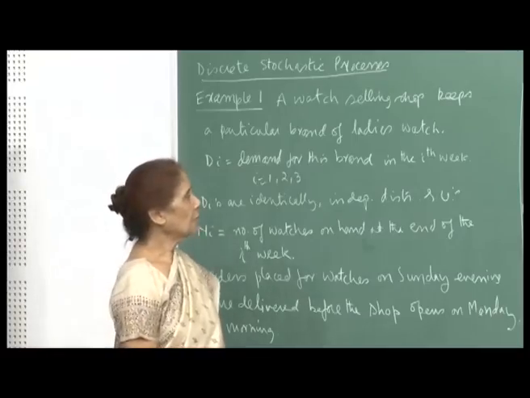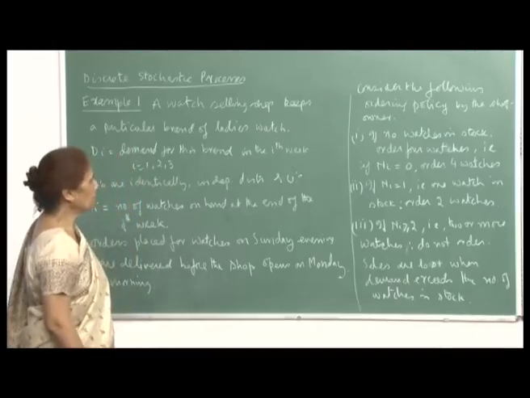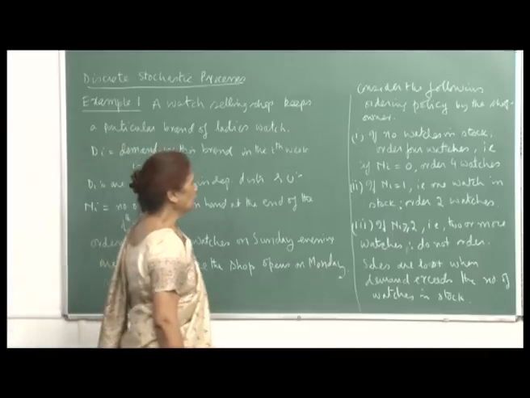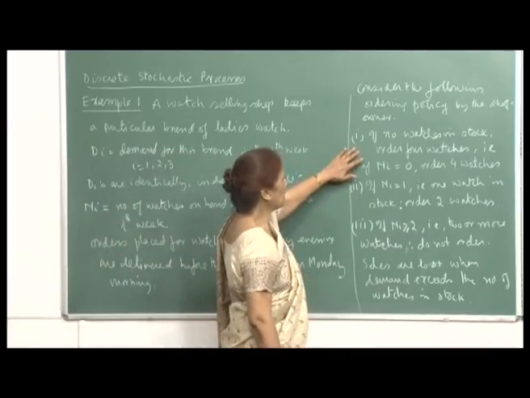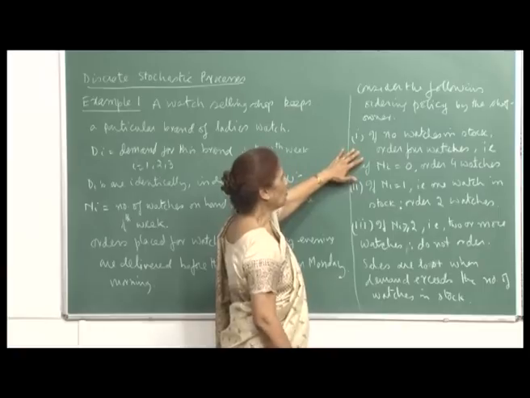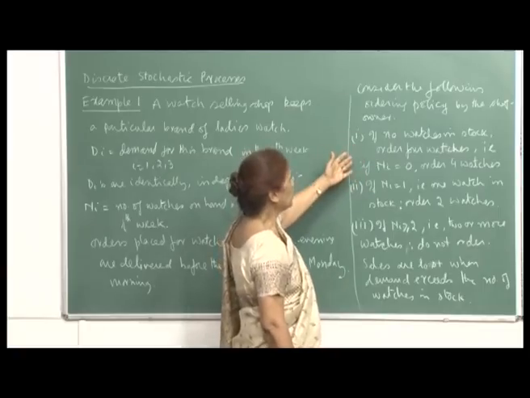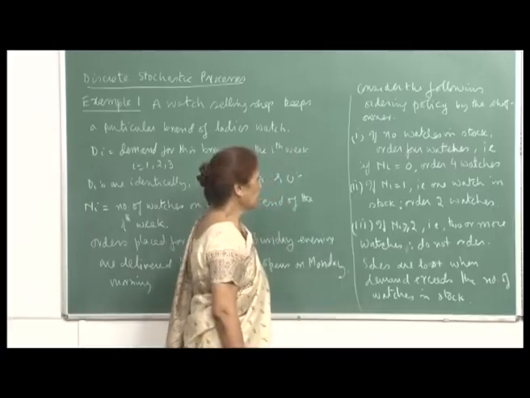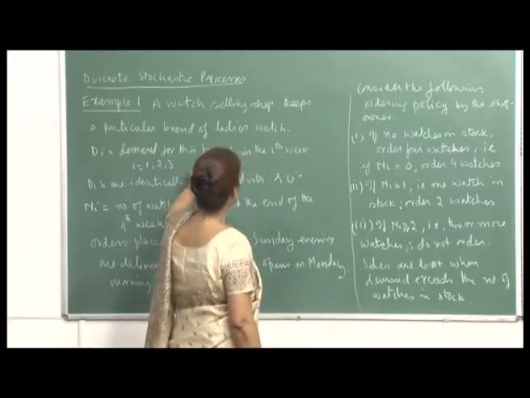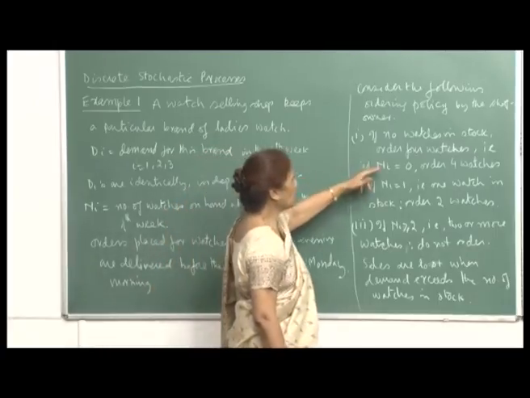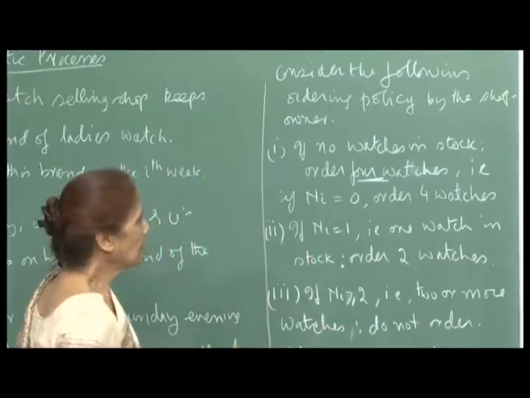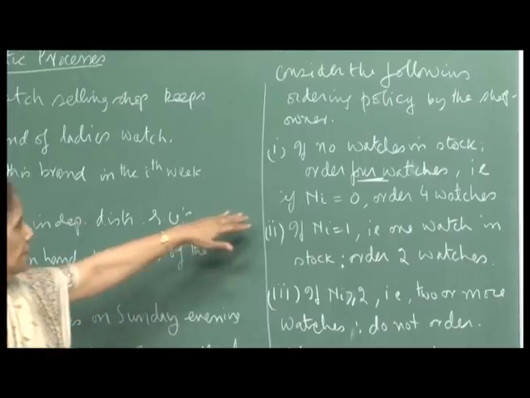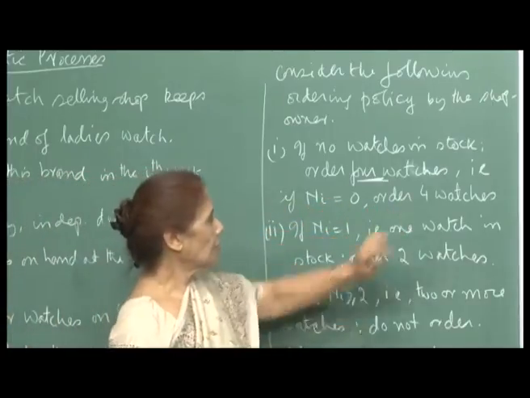Now, suppose the ordering policy followed by the shop owner is as follows: if no watches in stock, order 4 watches. That means by Saturday evening, if he realizes that he does not have any watch of this particular brand, then he will order 4 watches, and they will be delivered by Monday morning. So, that means if Ni is 0, order 4 watches.